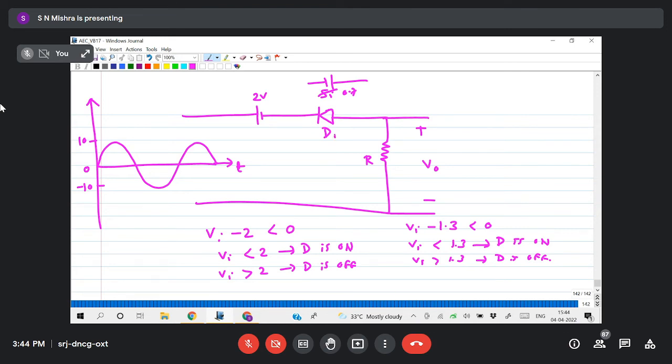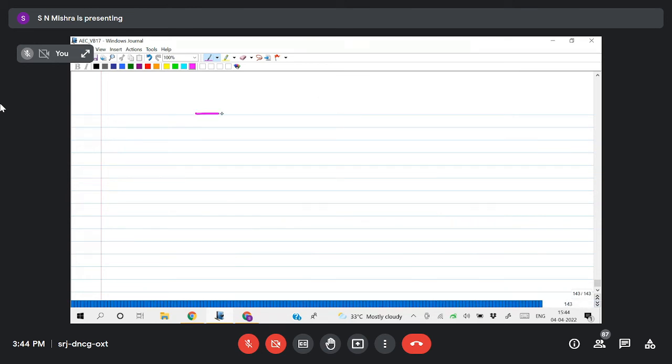First you go for this ideal diode, then you go for the practical diode. The graph will be the same, only the value will change. Go for this condition. Equivalent circuit, how will it look?